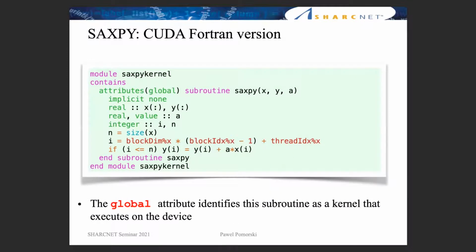This is what this would look like in CUDA Fortran. And I will walk you step by step to explain the differences between these two subroutines. First, there's a rather obvious difference. We have an attribute global in front of our subroutine. This is what tells the compiler that this is meant to run on the GPU. So this is the first difference.